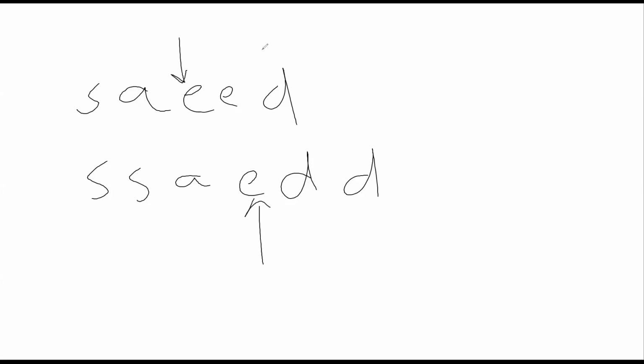Then we move forward. Now they are both the same, so I advance both pointers again. Both of them are the same, so we advance both of them. Yes. So now E, they are not the same. E and D are not the same. So I look at whether D is the same as a previous character of the first one.